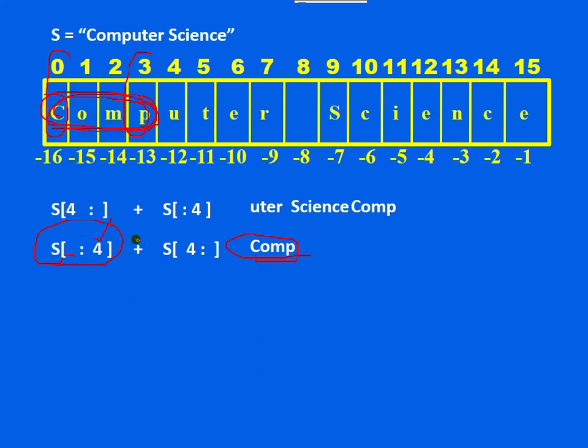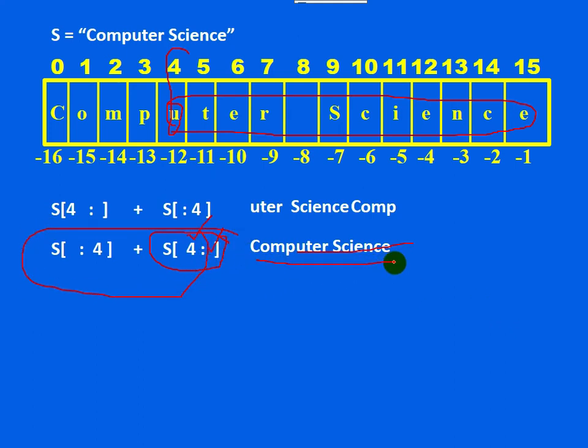Now that should be concatenated with this one. What's the meaning of this one? Starting with index 4 till the end, since the second index is missing. So this substring is returned as the answer by this statement. Let me write it here. So you can see the result of this statement is the original string, computer science, the original string.